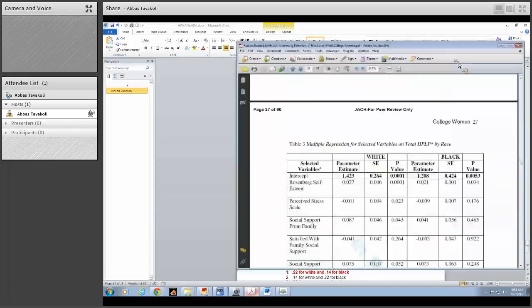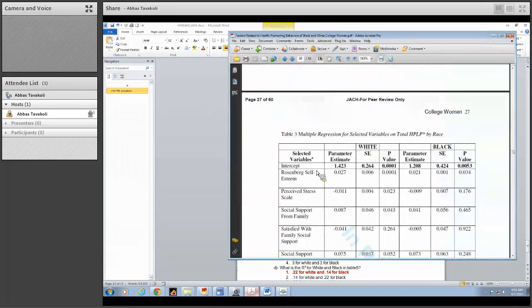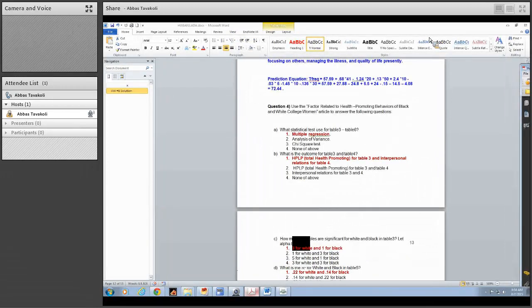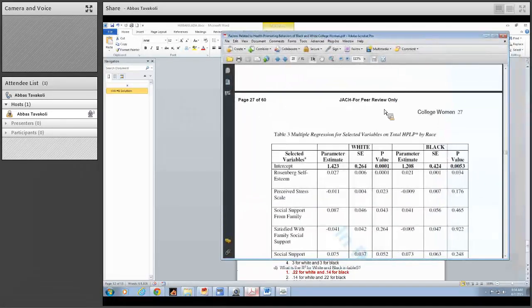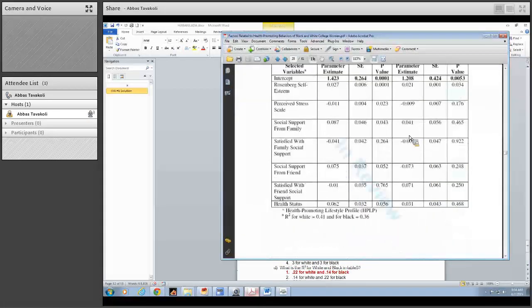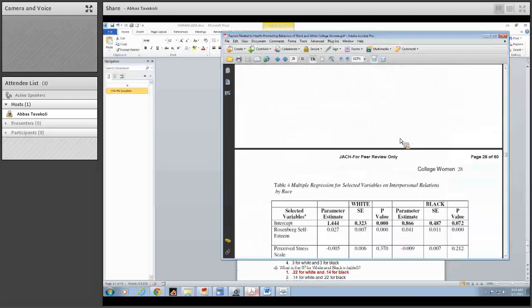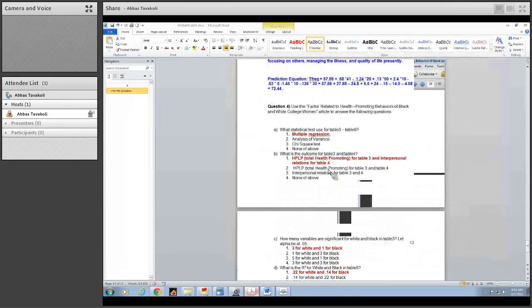So this is table 3. You see the intercept, and those are the parameter estimates. So basically, multiple regression was used. Which is the outcome for tables 3 and 4? The outcome for table 3 is total health promoting, and for table 4 it is interpersonal relationship. So health promoting for table 3 is the correct answer.